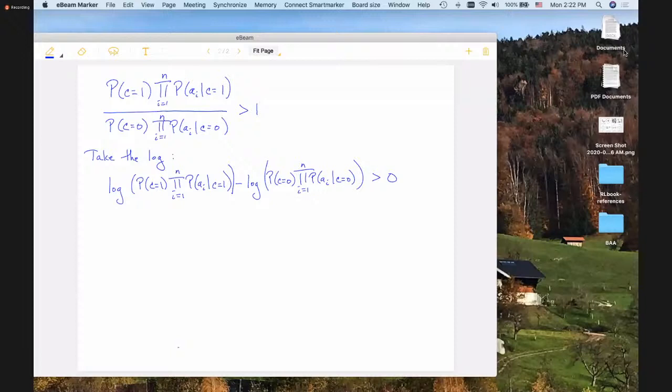So I'm actually going to go ahead and regroup terms while I'm doing this so that I can simplify the notation a little bit.